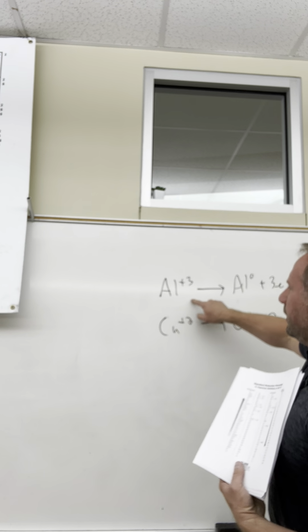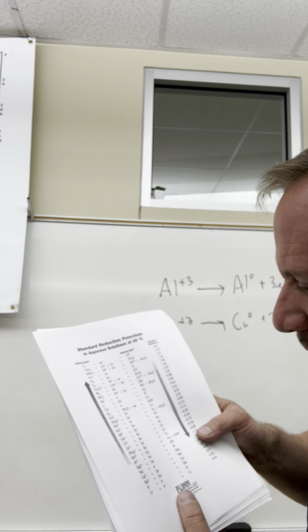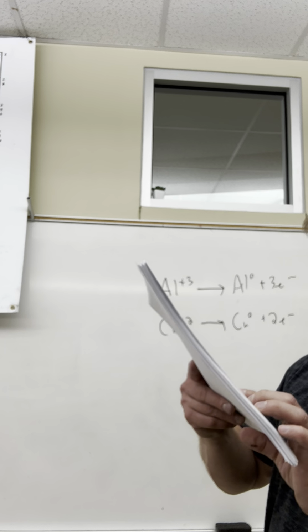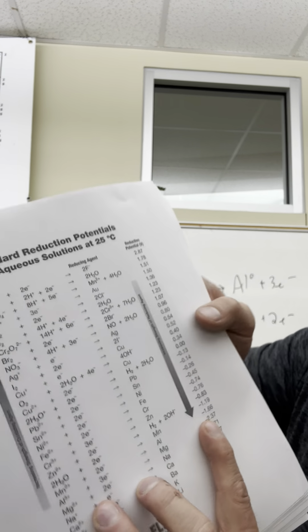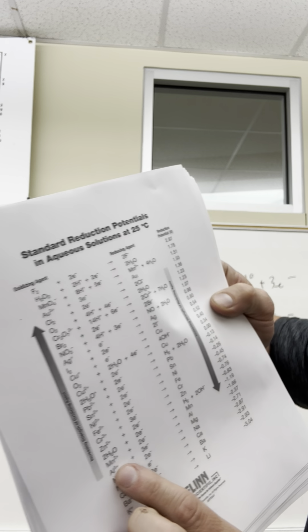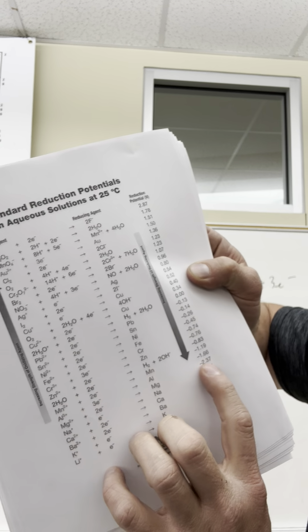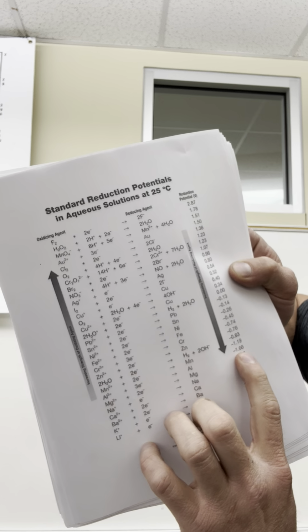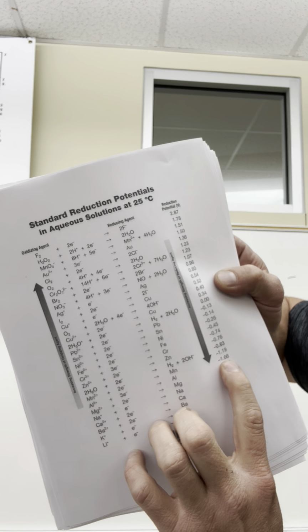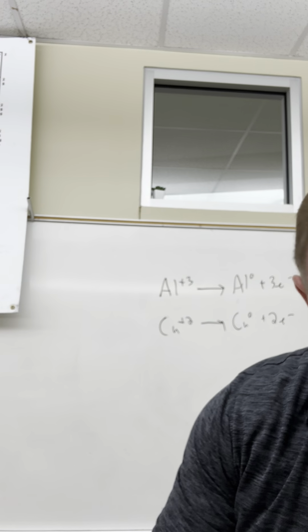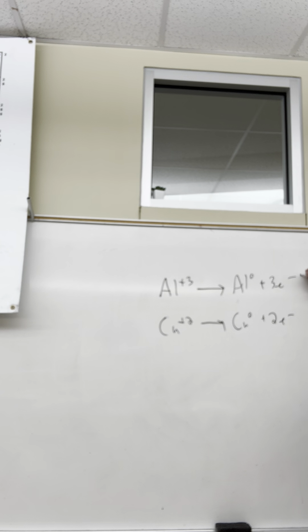So we look over here and we look at aluminum. Now I know my little chart here, you have your own, but my aluminum right here has a standard reduction potential of negative 1.66 volts. So this guy's voltage is negative 1.66 volts.